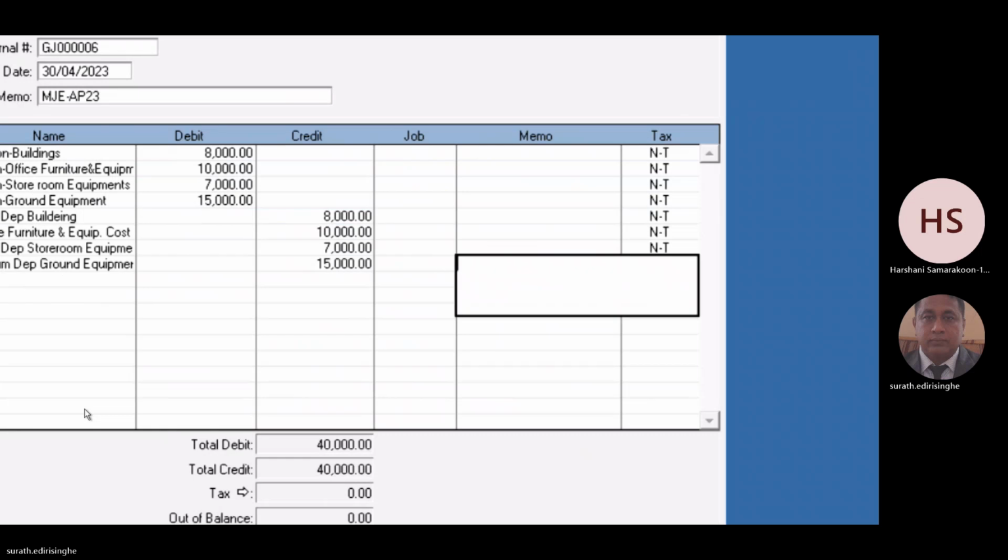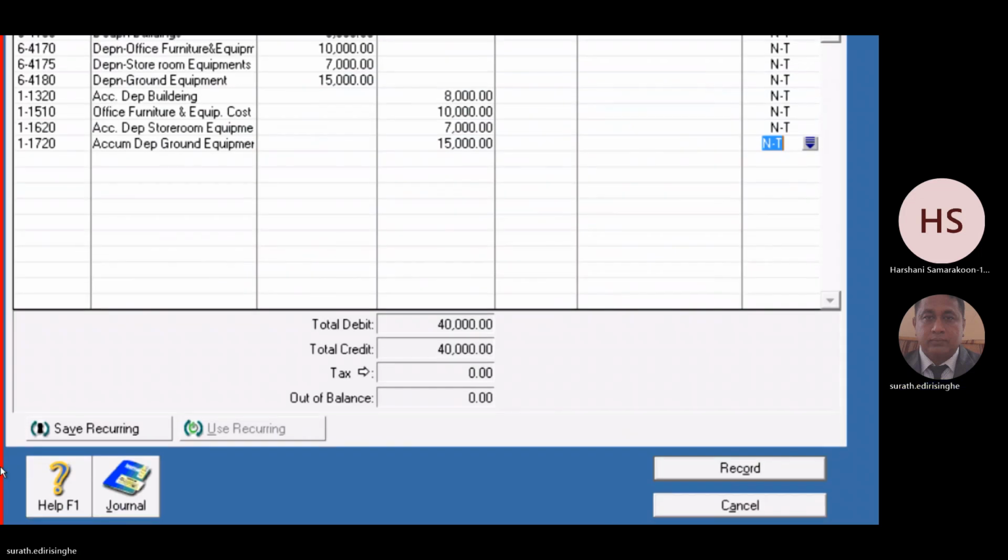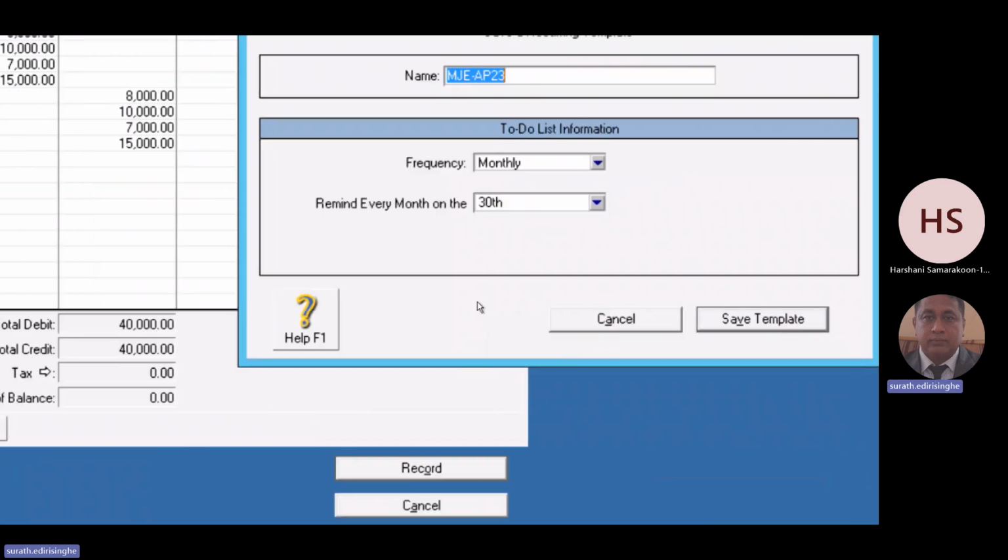Complete this transaction. This is called the memorized journal entry. Then don't record this transaction. Click here, save recurring. Recurring in journal entry. Save memorized journal entry. Save recurring.